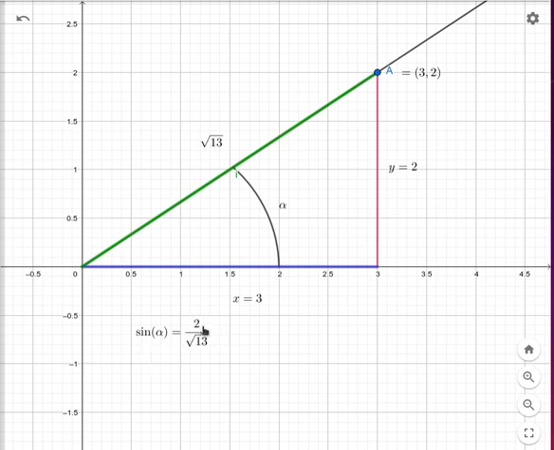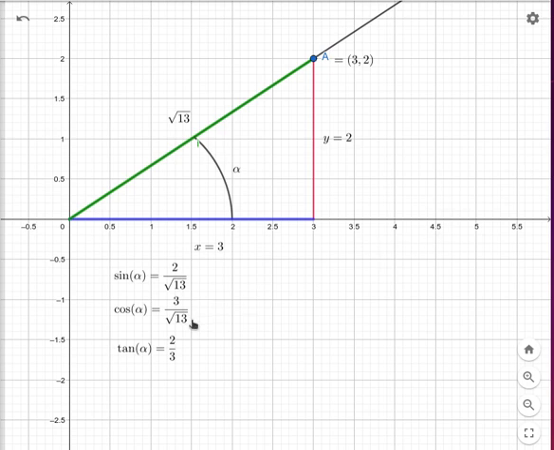The sine of alpha is equal to 2 over the square root of 13, opposite over hypotenuse. Similarly, the cosine of alpha will be the adjacent over the hypotenuse, so 3 over the square root of 13. And of course the tangent is the opposite over the adjacent, so that's 2/3.